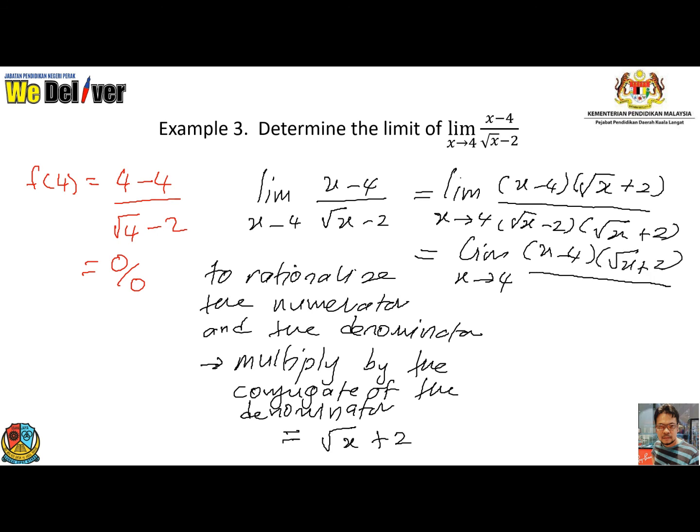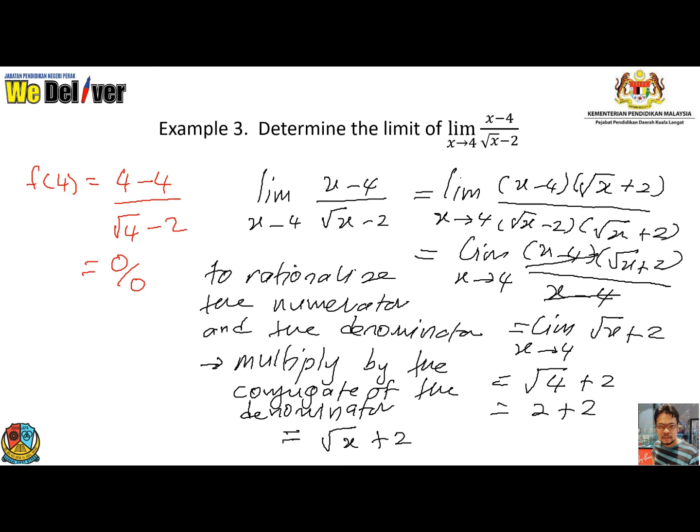Expand the denominator, you get x minus 4. Simplify, cancel x minus 4, so you get the limit when x approaches 4 of square root of x plus 2. Then substitute the value of x to find the limit value: square root of 4 plus 2 equals 2 plus 2. So the limit value for the function (x minus 4) over (square root of x minus 2) when x approaches 4 is 4.